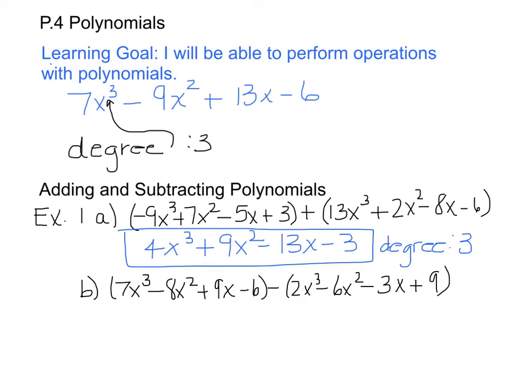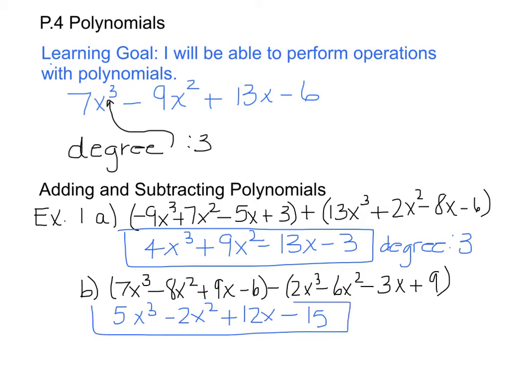Okay, so I'm going to combine my x cubes. Since I'm subtracting, I'm going to get 5x cubed. And negative 8 minus negative 6 will be minus 2x squared. Then I'll do my x terms, plus 12x. And negative 6 minus 9, negative 15 for my constant. And my degree is still 3.